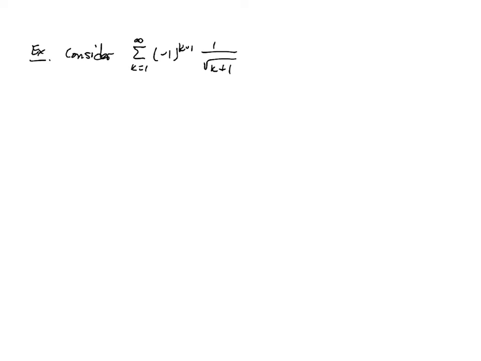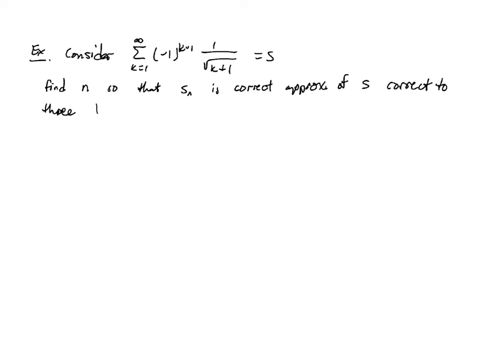So we want to find a value for n so that Sn is a correct approximation of that series, let's call it S, to 3 decimal places.